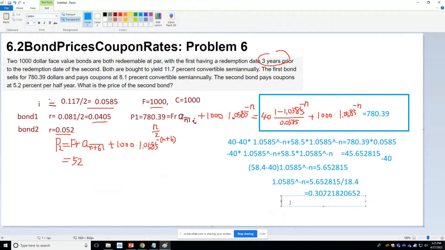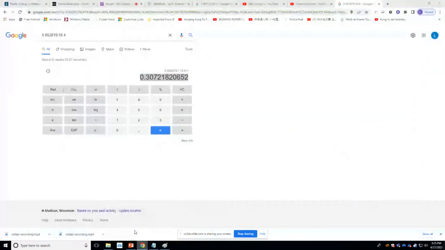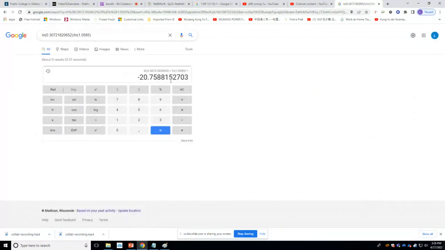If you want to solve for the n, negative n is equal to the logarithm of what we have, divided by the logarithm of 1.0585. This should give us a negative number.